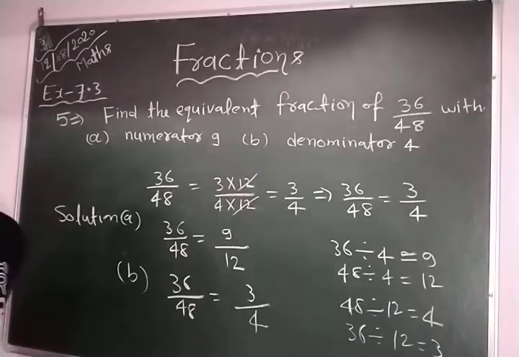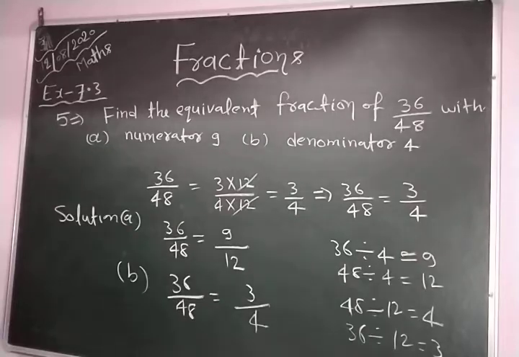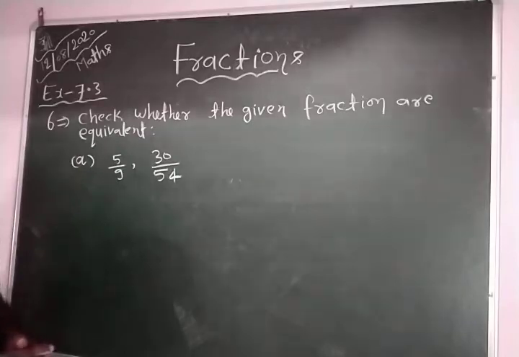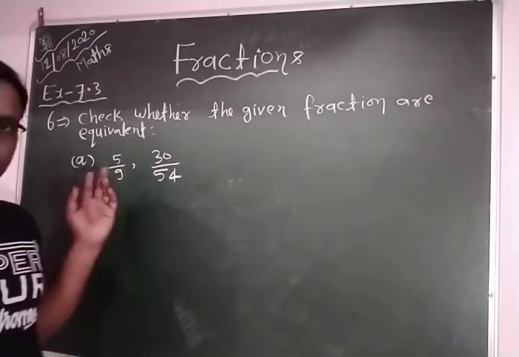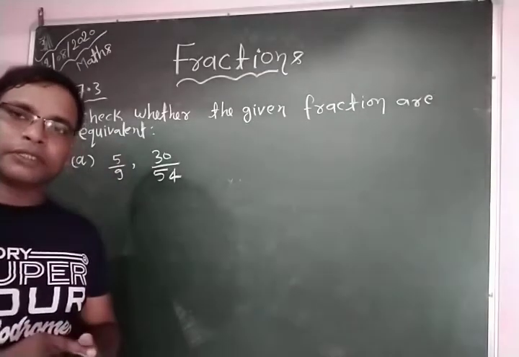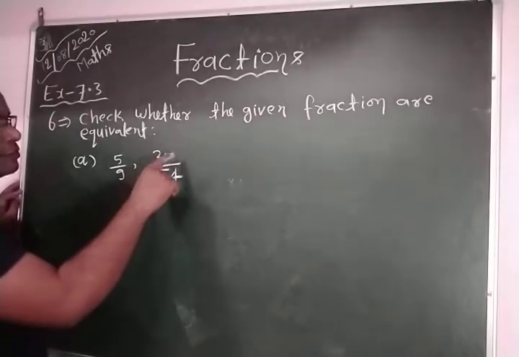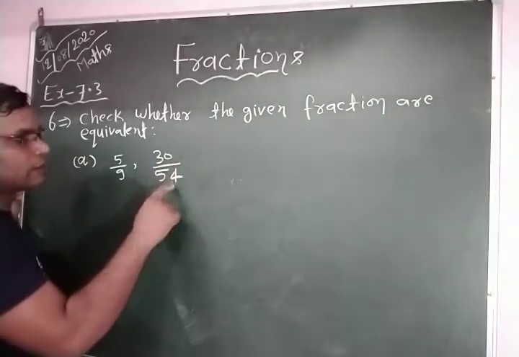Clear? Students, I hope all of you understood these questions. Now we are going to solve the next question, question number 6. Check whether the given fractions are equivalent. If both fractions are equivalent, they have the same value. So 5 by 9 and 30 by 54.